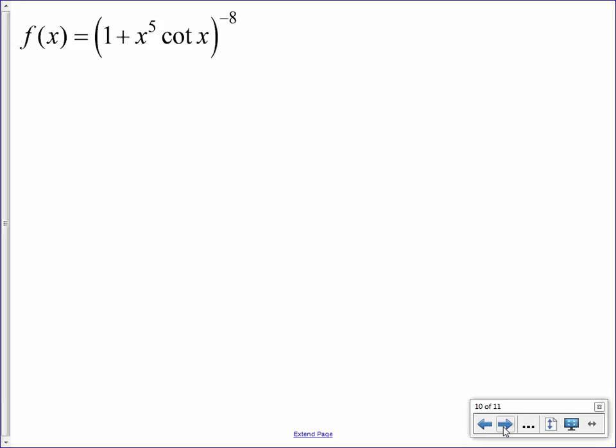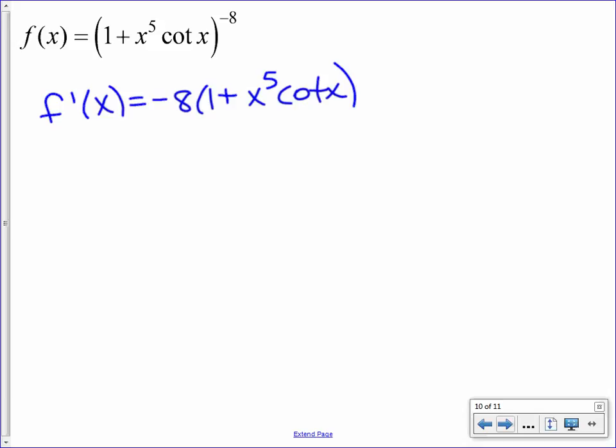Okay, so we have something to the negative 8th power, but there's something inside of that function, so it is a composition, right? All right, so let's take the derivative of the outside. Derivative of the outside would be negative 8 times blah, blah, blah, to the negative 9. Now, inside, when we take the derivative, what's the derivative of 1? Okay, plus x to the 5th cotangent x.